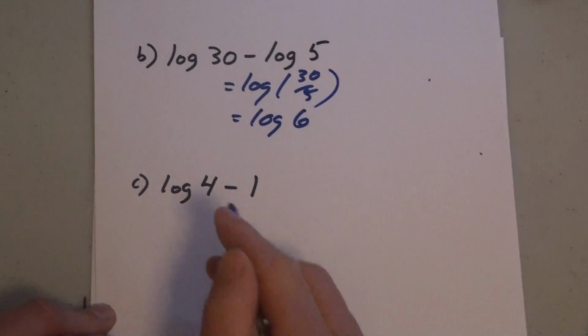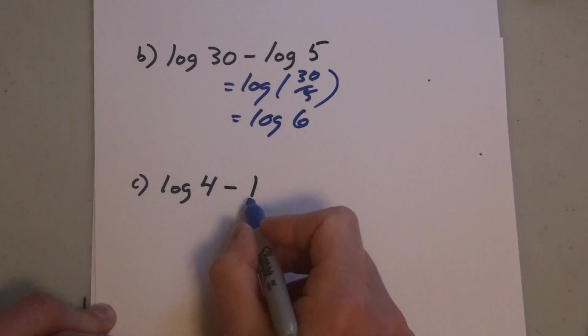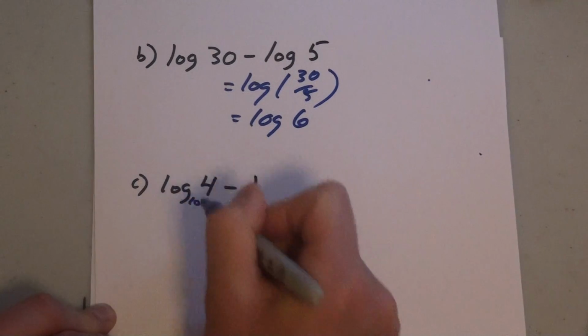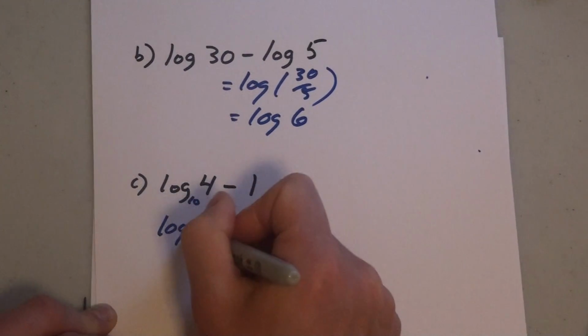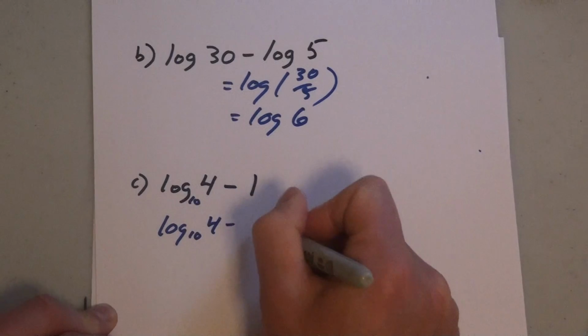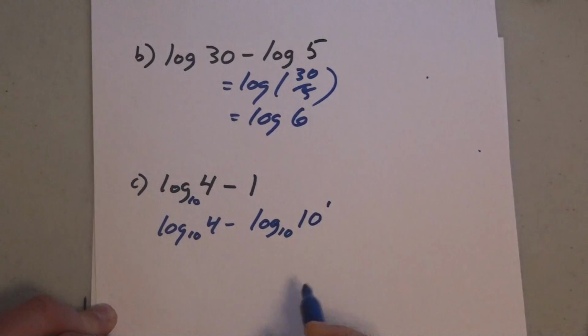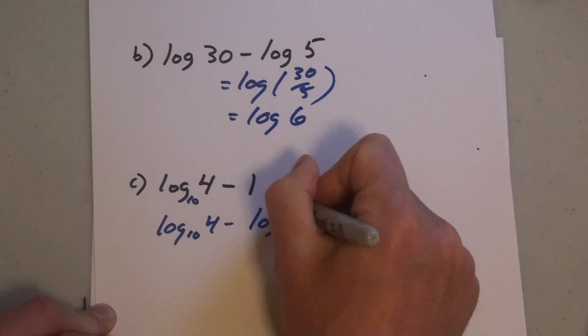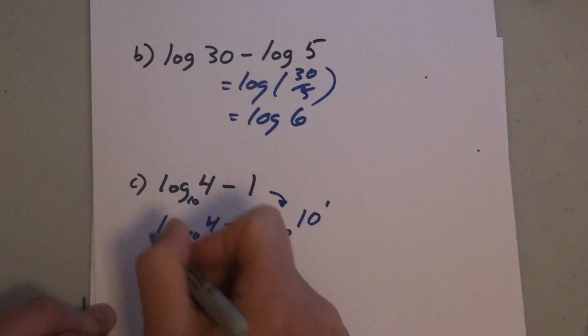For the third one, I have log 4 subtract 1. Now 1 is not a logarithm yet. I need to turn it into one. This is of base 10. This 1 would have been the exponent. So it is log 4 minus, now, log base 10 of 10 to the exponent of 1. That's what that 1 turns into. 1 written as a whole number would have been the exponent of log base 10 to the 10.